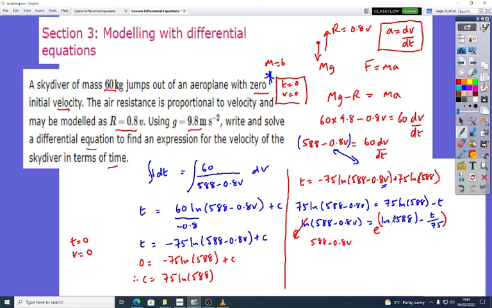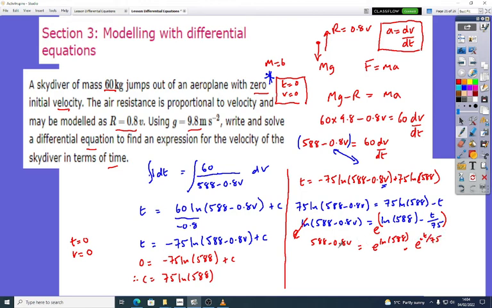Now I'm going to split this up so that when it's a minus, we can still split it up and it's just to the minus power. So that becomes 588 times e to the minus t over 75.